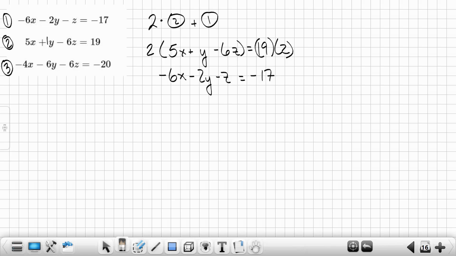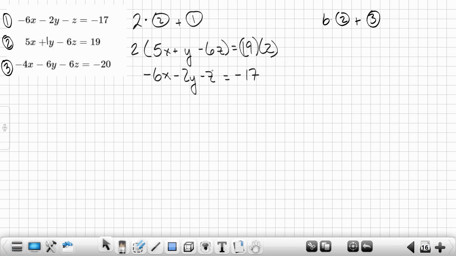Now I'm going to pick 2 different equations. I'm going to still pick equation 2, and I'm going to try to use it to eliminate y in equation 3. My equation 2 has 1y, my equation 3 has 6y, so I'm going to do 6 times equation 2, and I'm going to add equation 3. I'll go over the reasoning behind this again in a second. I'm going to need a little bit more room here.